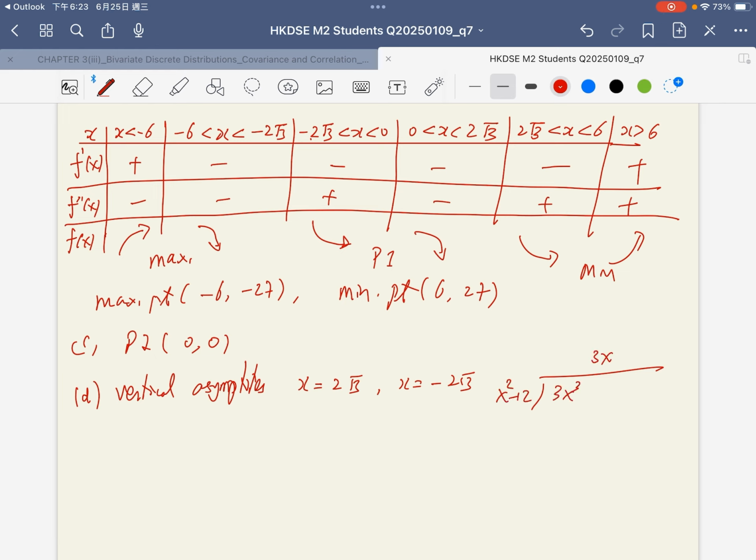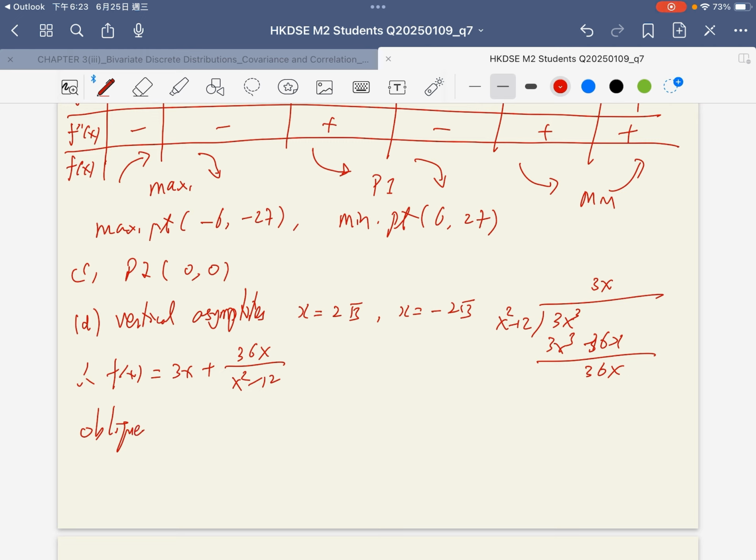This is 3x cubed minus 36x, and this is 36x. Therefore, f(x) should be written as 3x plus 36x over x squared minus 12. Therefore, the oblique asymptote should be y equal to 3x.